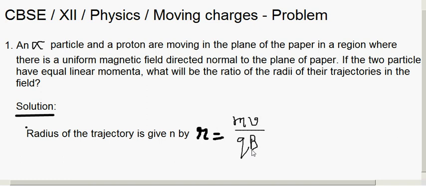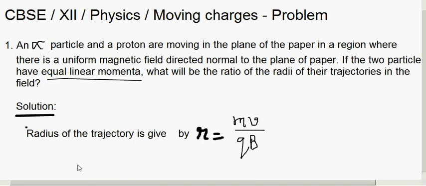The radius of the trajectory is given by R is mv divided by qB, where m is the mass of the particle, v is the velocity, q is the charge and B is the uniform magnetic field intensity. Now it is given that the proton and alpha particle are moving in the same field, and this is important, they have equal linear momenta.